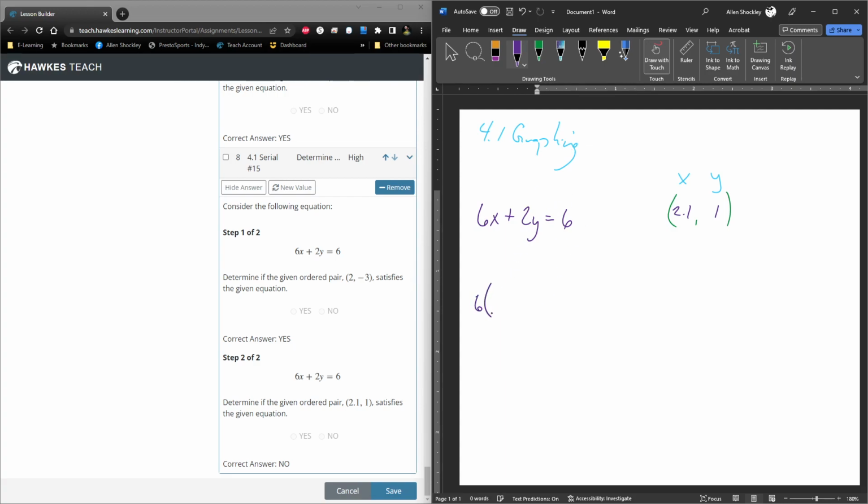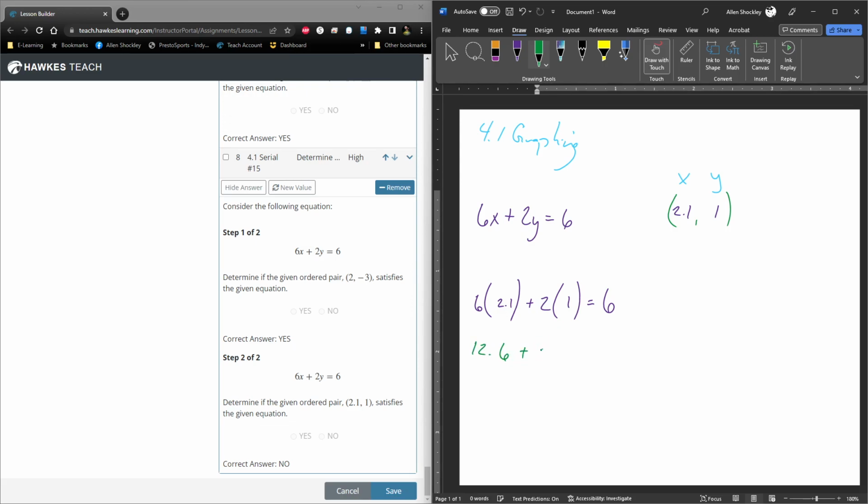So we have 6 times 2.1 plus 2 times 1 somehow needs to equal 6. So if we take 6 times 2.1, we get, calculator. I have an idea of what it is, but let's not take a guess. 6 times 2.1 equals 12.6.